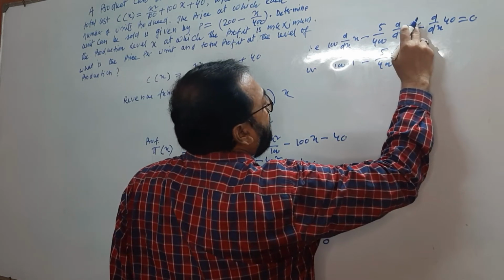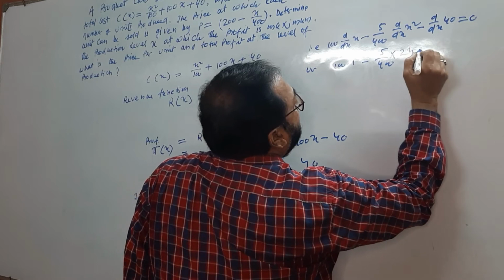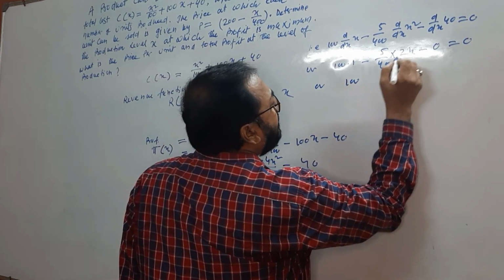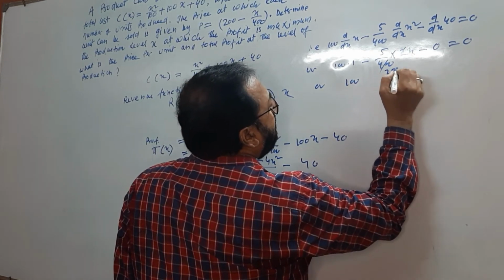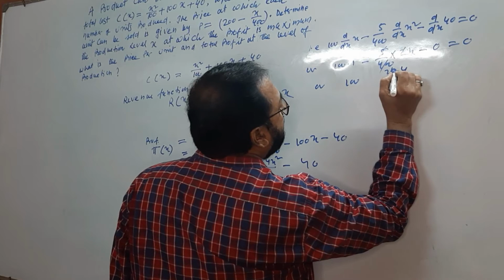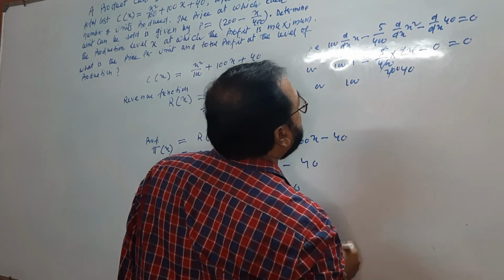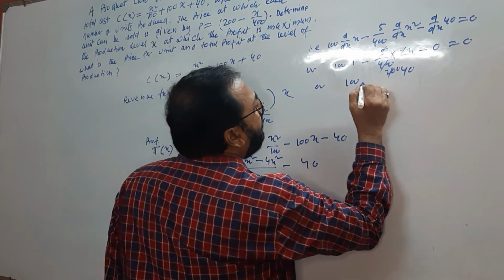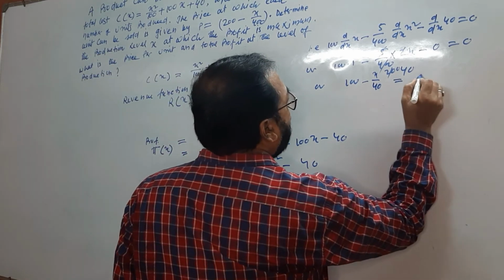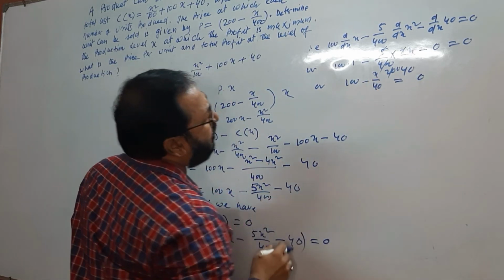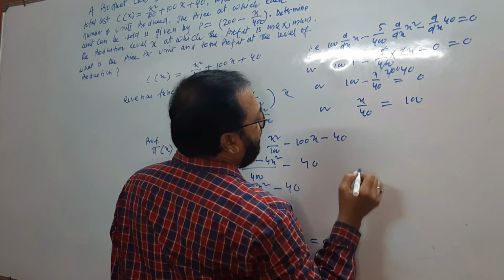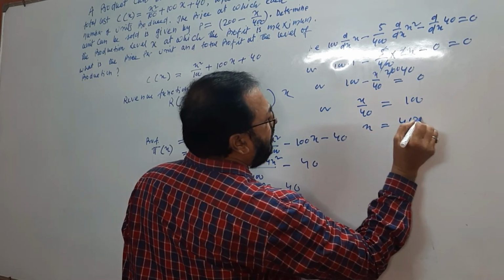Where the power comes down as the coefficient and 1 is subtracted from the power, minus 0 equal to 0. So 100 minus x by 40 equal to 0, or x by 40 equal to 100, x equal to 4000.